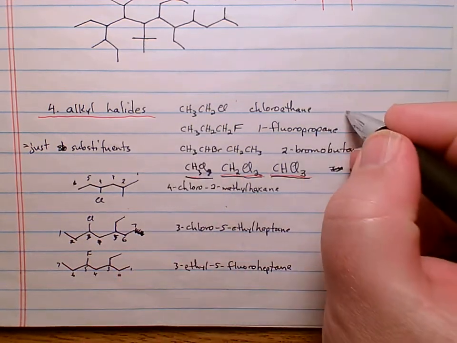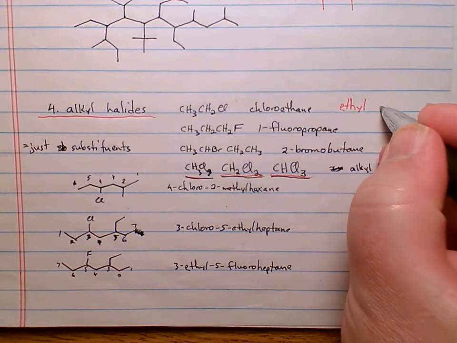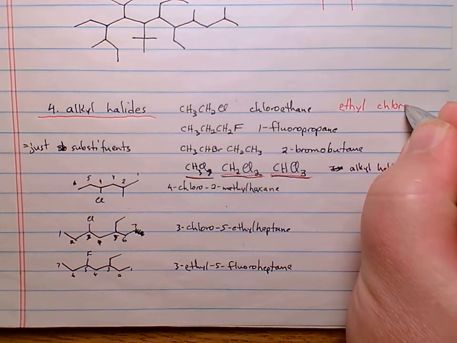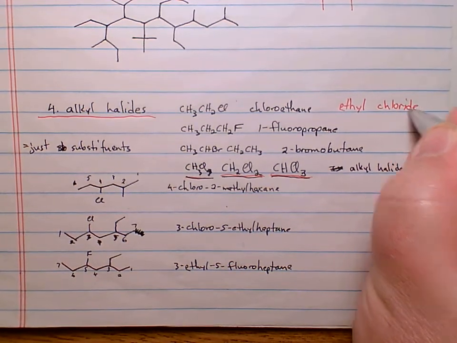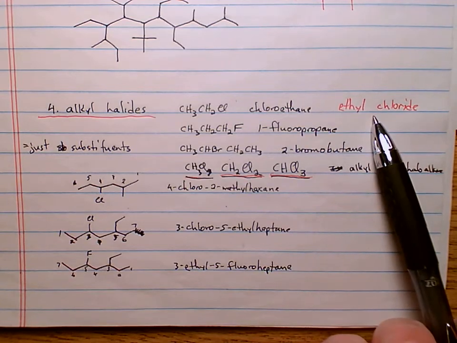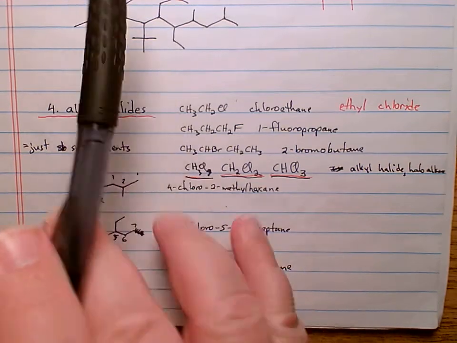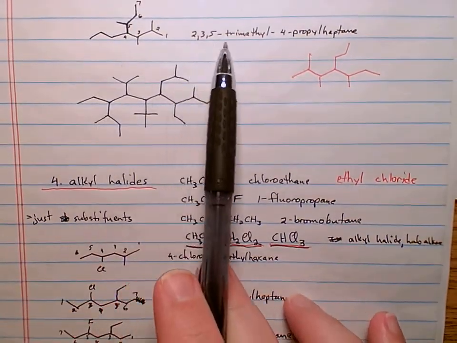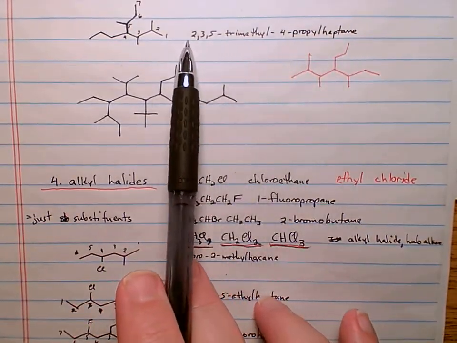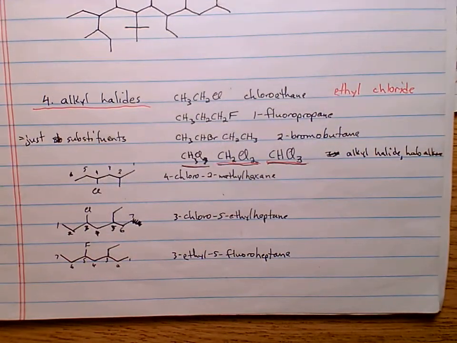And so the common name for this would be ethyl chloride. And note, unlike IUPAC names, common names have spaces. There's a space, ethyl space chloride. IUPAC names never have a space. Common names have that space, ethyl chloride.